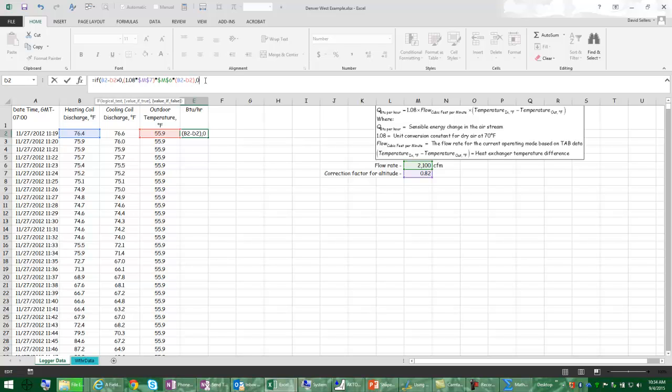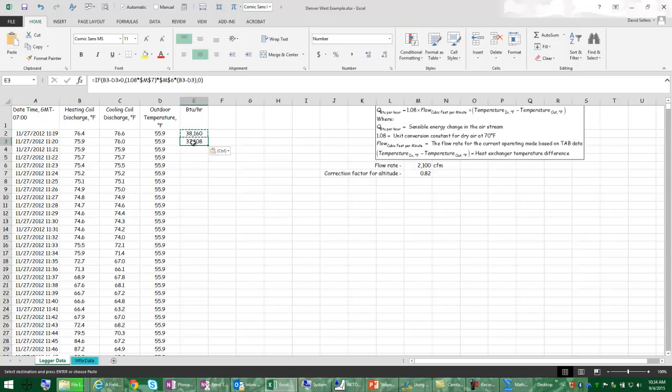Otherwise, just put a 0 in for me. Okay, that'll solve that problem. The other thing I need to recognize though is this is BTUs per hour, but that condition is basically what occurred for a minute.